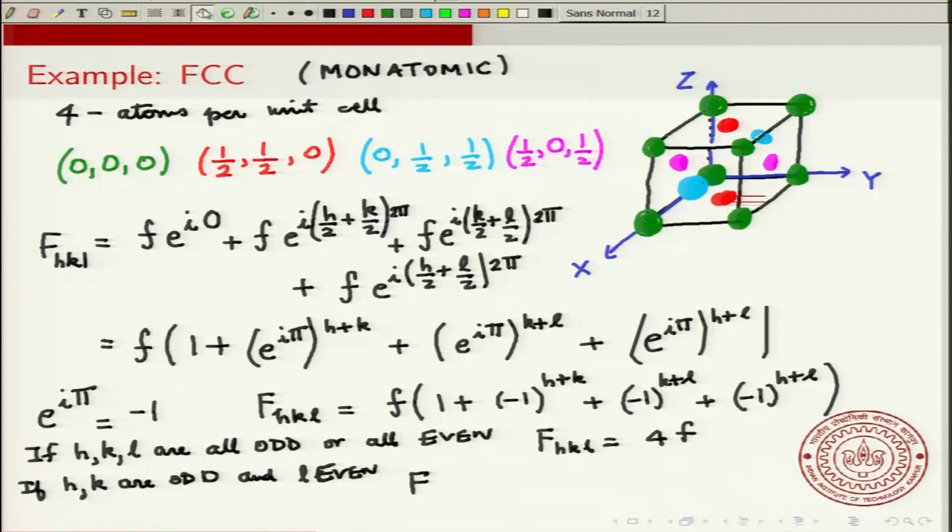Okay, so h plus k will be even. So, the sum of two odd numbers is an even number. So, h plus k will be even. So, this will be 1, but since k is odd and L is even, k plus L will be odd. So, this will be minus 1, this will also be minus 1, h plus L will also be minus 1. So, in this case you will get f equal to 0.